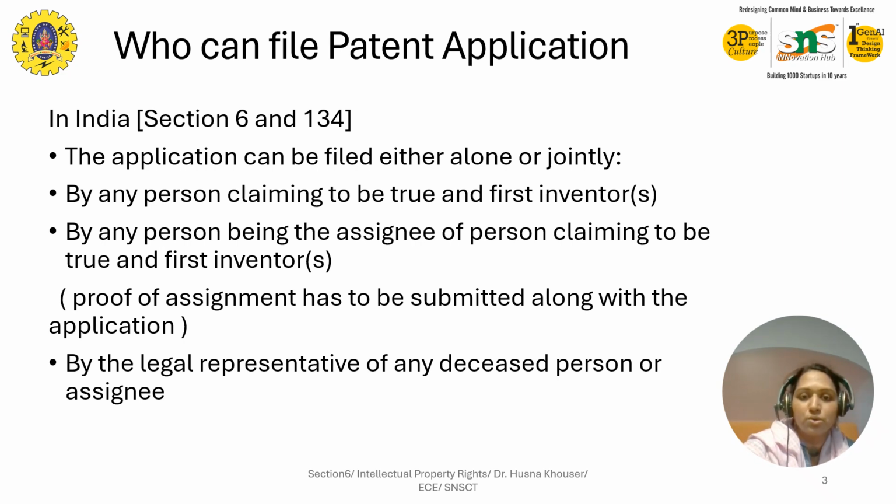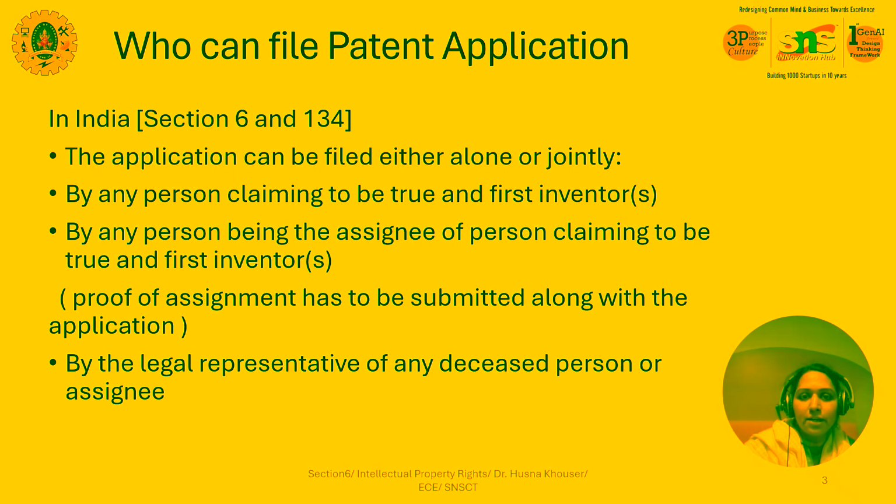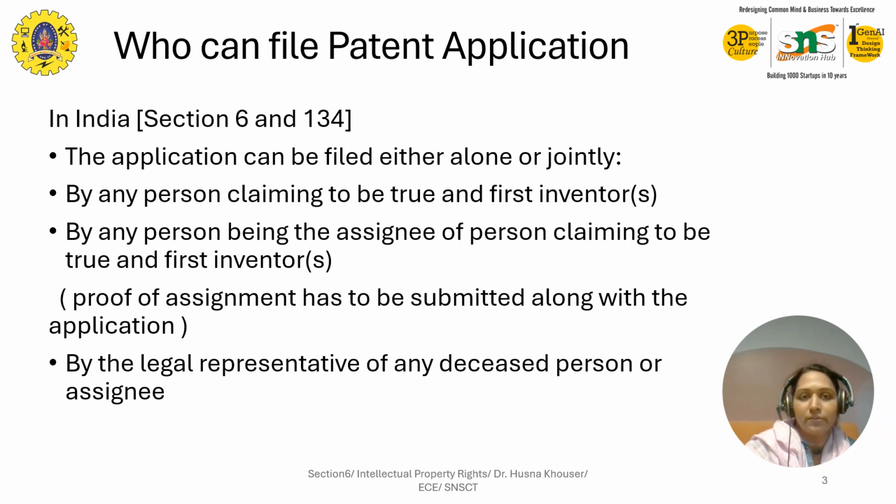Who cannot be the true and first inventor? Any person who was the first to import the product or process of the invention into India, or anybody who was the first to be told about the invention, or who communicated about the invention from outside India. These cannot be considered the true and first inventor.